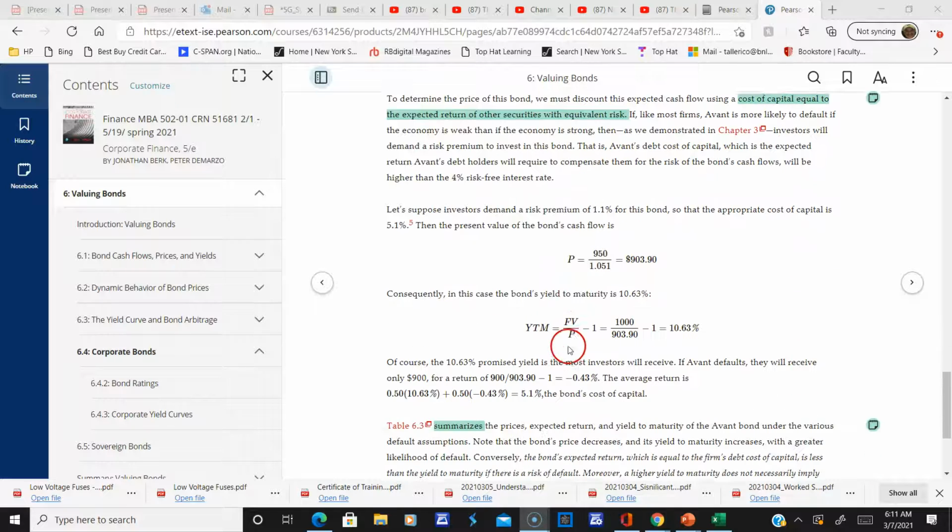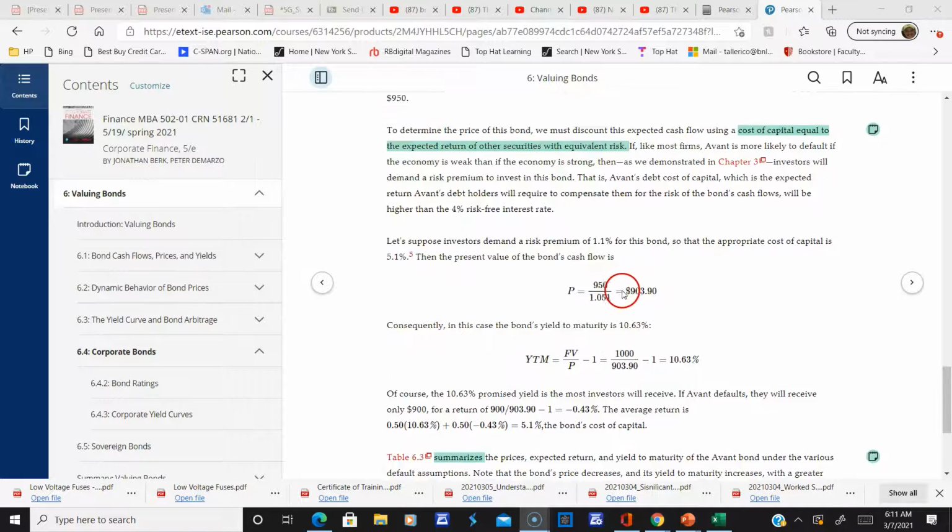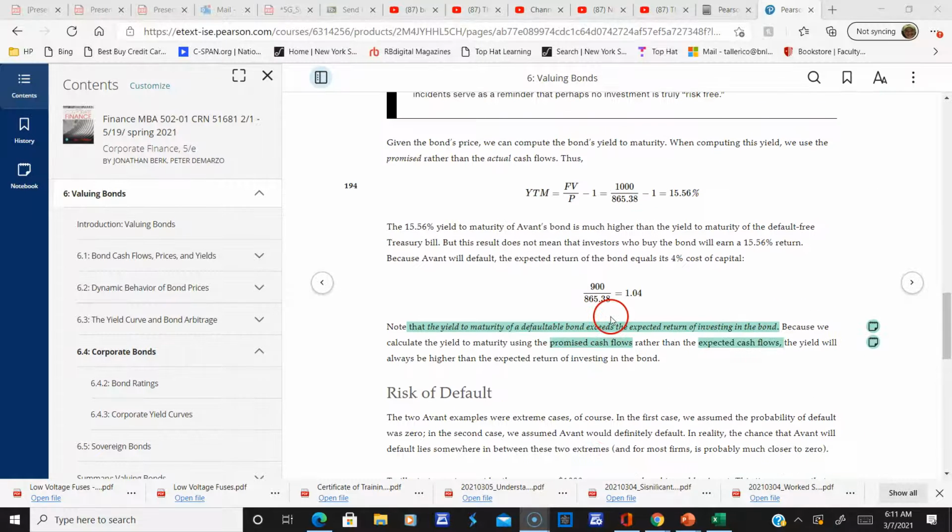So basically we put different prices in, and we came up with different scenarios for the bond. Here was $1,000, and here was the price, one price, and then here was if the bond was worth 900, because it's going to default, right? So we had that issue.